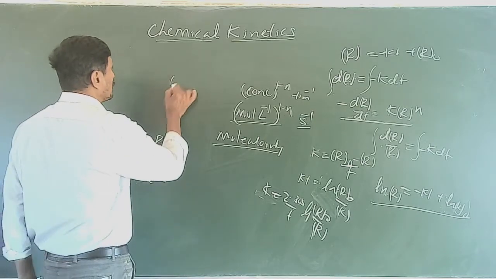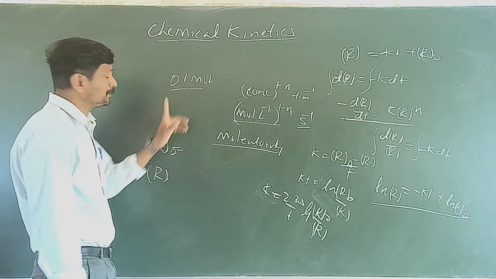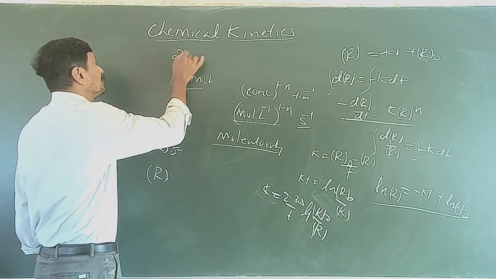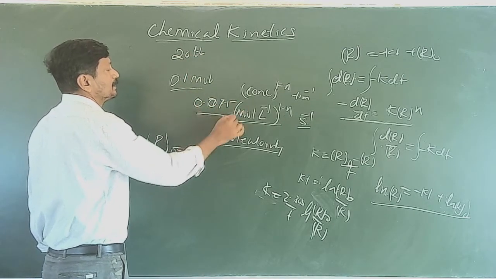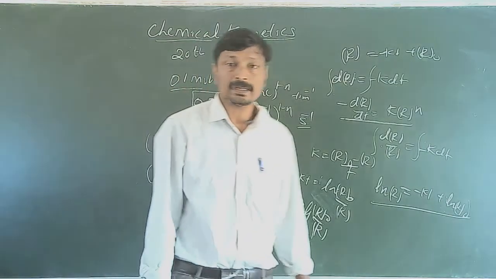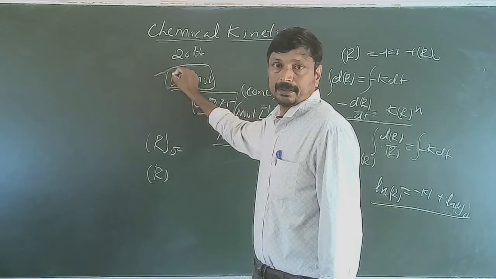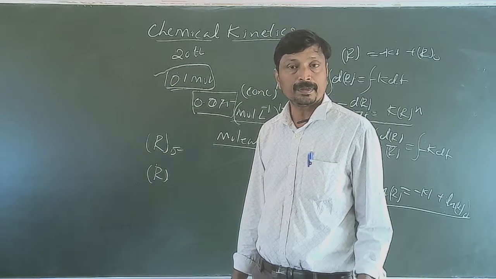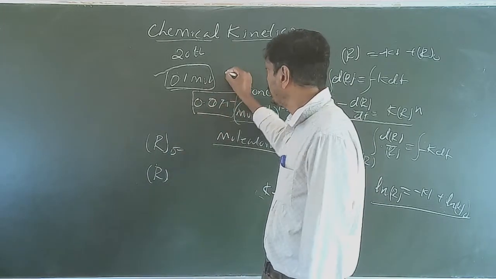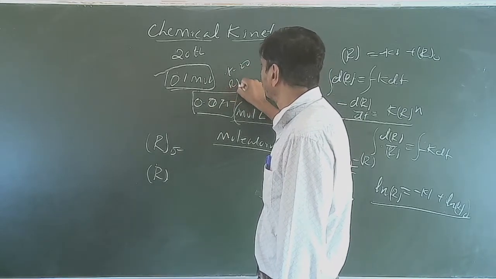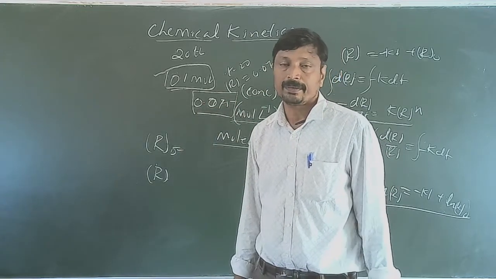Suppose you started with 0.1 mole at t equal to 0, so R naught is 0.1. After the 20th minute, the concentration of the reactant is reduced to 0.075. So at t equal to 20, R is equal to 0.075. Substitute this value and you can find out the K.